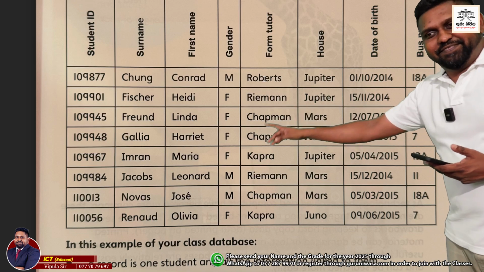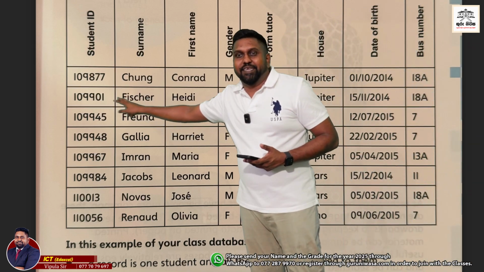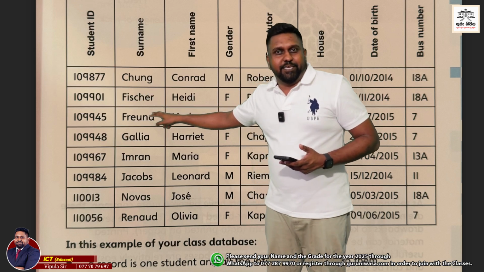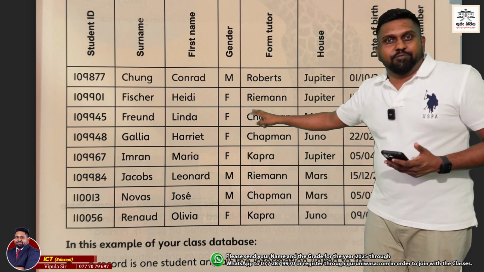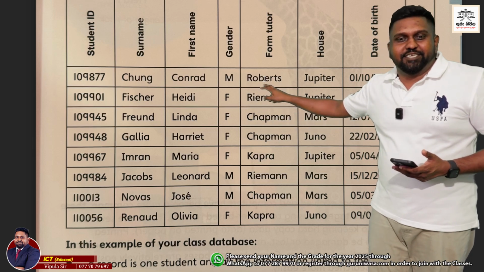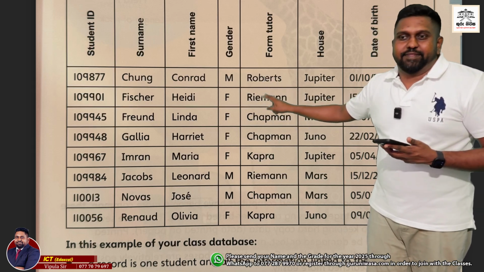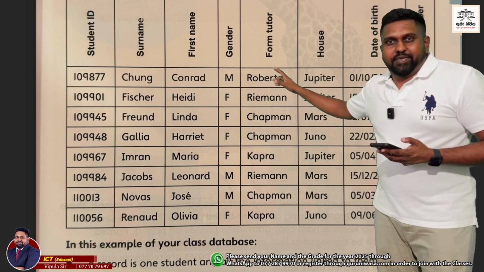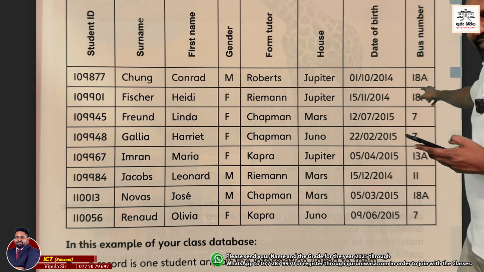So we have the student ID, then the surname, the first name, the gender, then who is the teacher in charge. You also have a teacher in charge of your house. So this can be the teacher in charge. Then you have the house, the birthday, and a bus number.